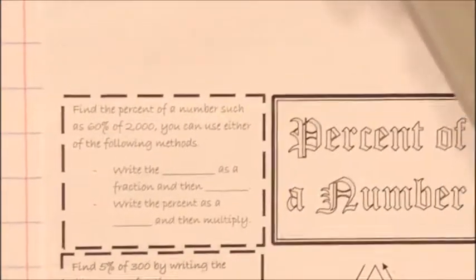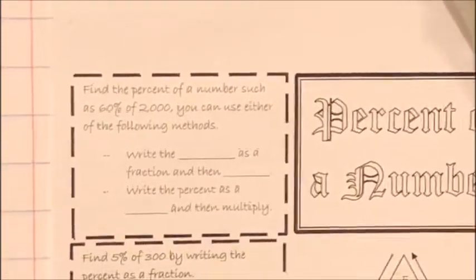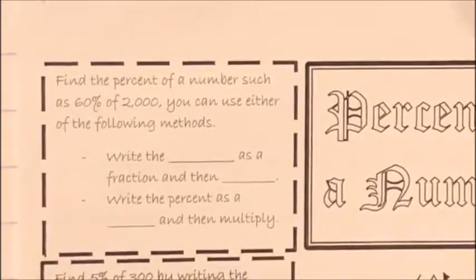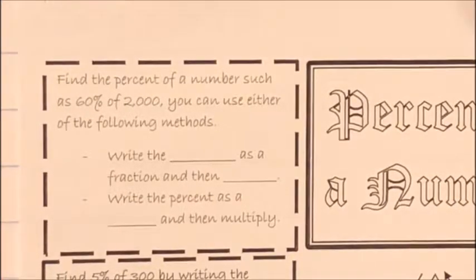So let's look at this top corner up here, top left-hand corner. So it says, find the percent of a number such as 60% of 2,000. You can use either of the following methods. Write the blank as a fraction and then blank, or write the percent as a blank and then multiply.